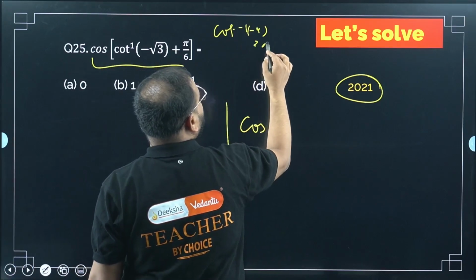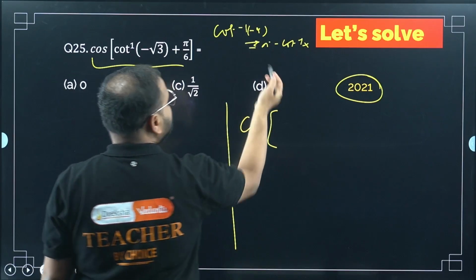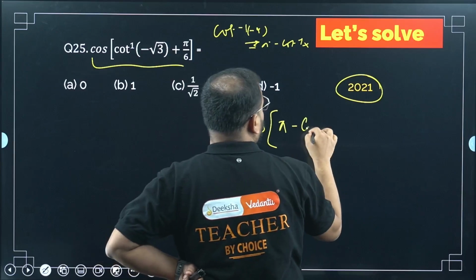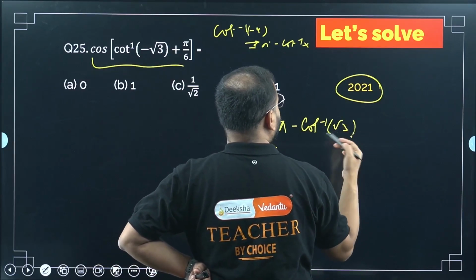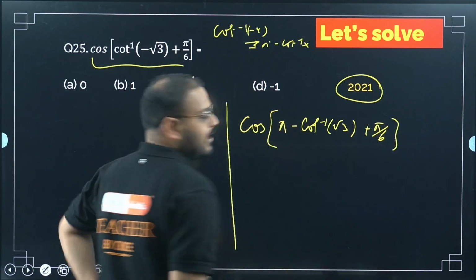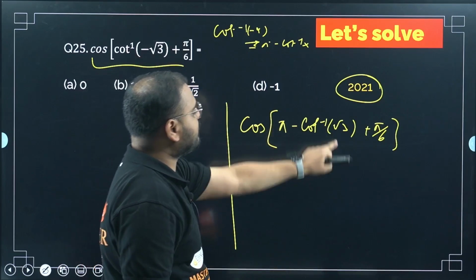You know this as pi minus cot inverse x, right? So I can write this as pi minus cot inverse of root 3 plus pi by 6. Correct? This is cot inverse of minus x, so I can write it as pi minus cot inverse of x.